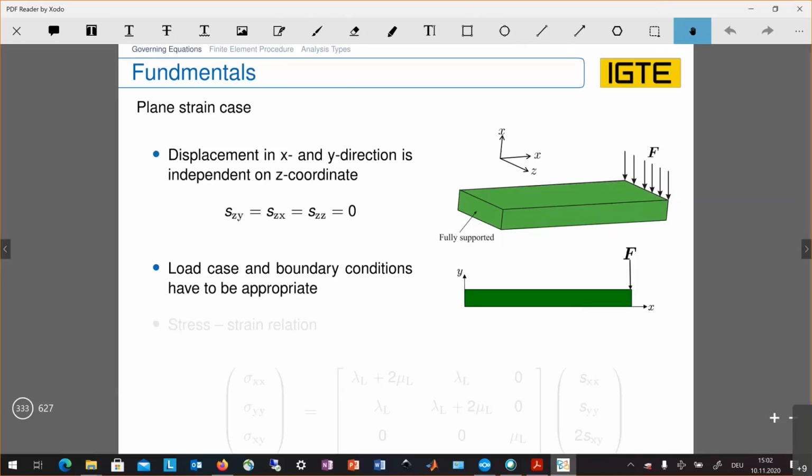So when we have this part, we have the so-called plane stress case.